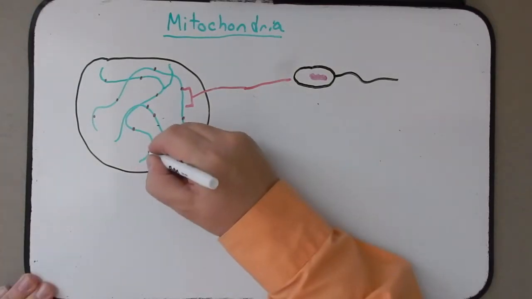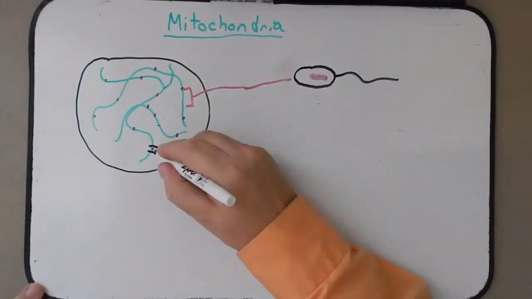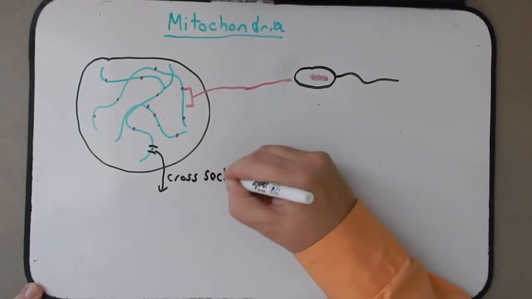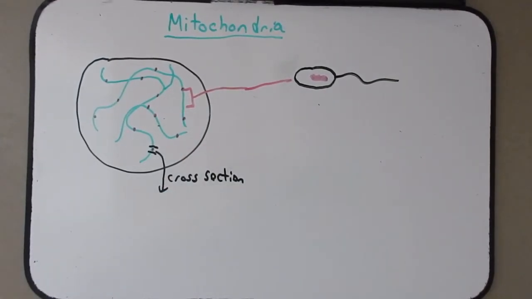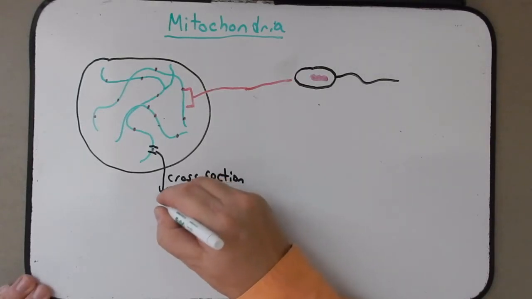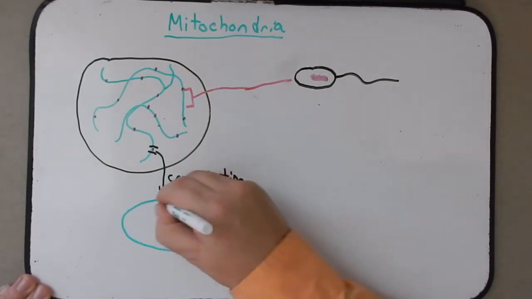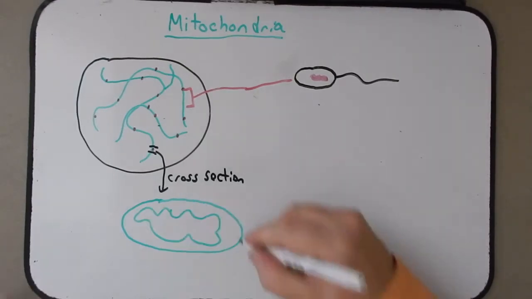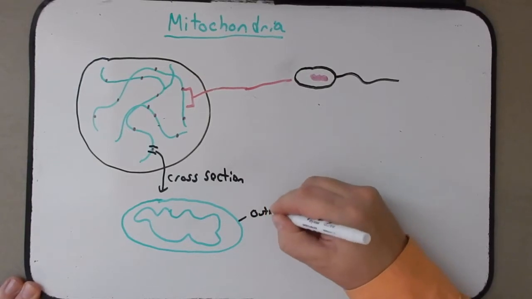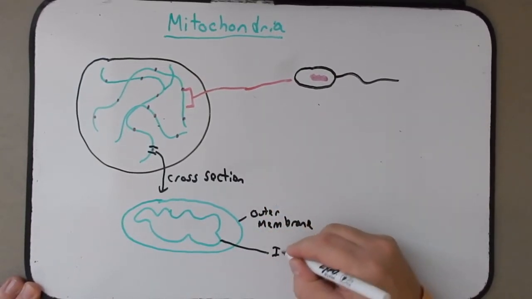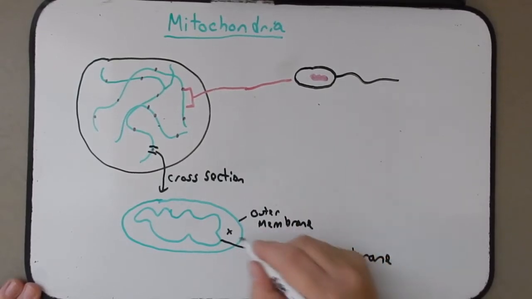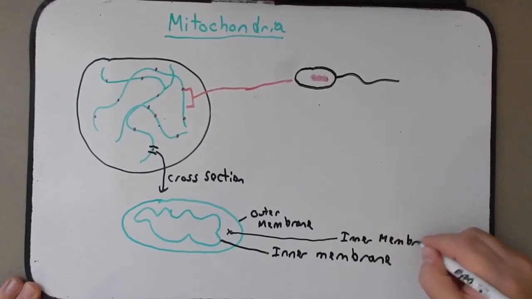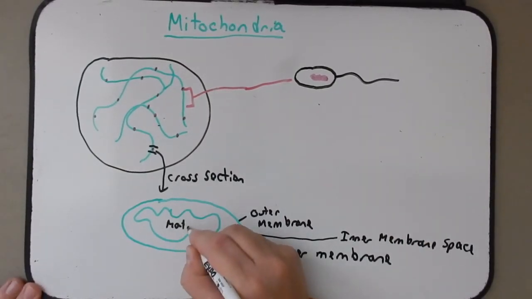What I want to do is to examine a cross-section of the mitochondrion. So we're going to take that tube and just cut a little piece out and look at it on its side. And so this is what you're probably used to seeing in various textbooks and classes, this classic structure of a mitochondrion, where you have your outer membrane, your inner membrane, this space right here in between the two membranes, we call that the intermembrane space, and this part in the middle we call the matrix.